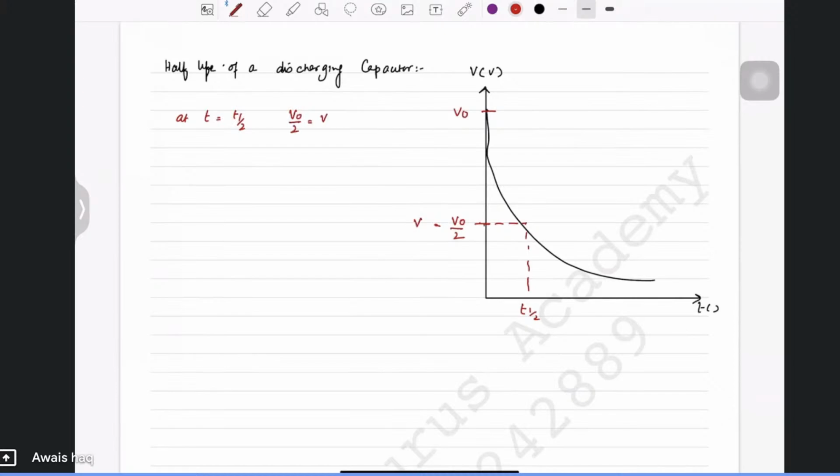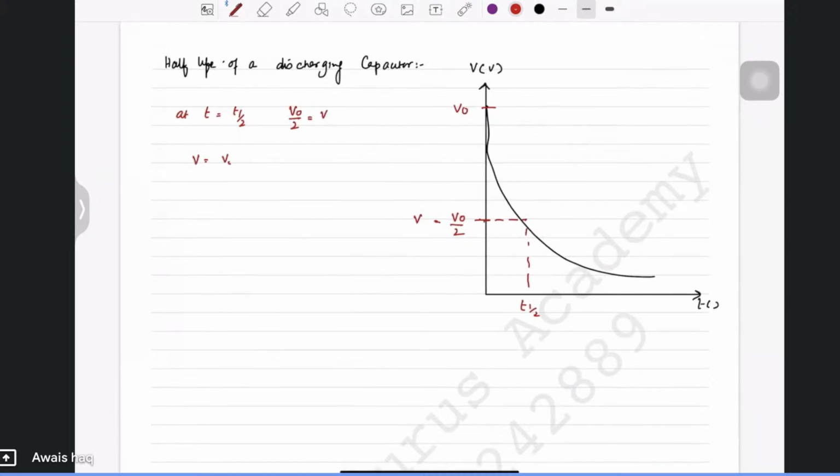So we're going to use the equation V equals V naught e to the minus t over RC. This V will be V naught by 2, so V naught by 2 equals V naught e to the minus t half over RC, where t half is a symbol, we're not halving t. The V naughts cancel out, so this is going to be a half equals e to the minus t half over RC.